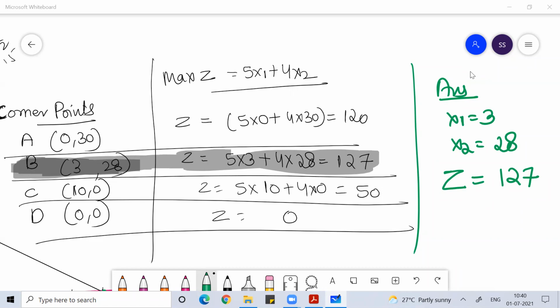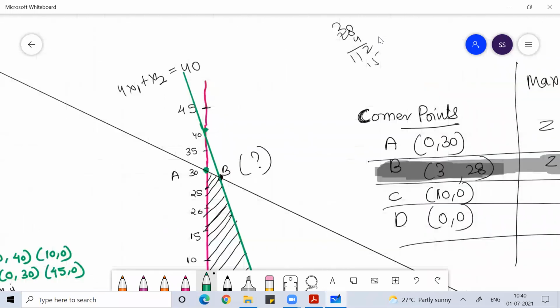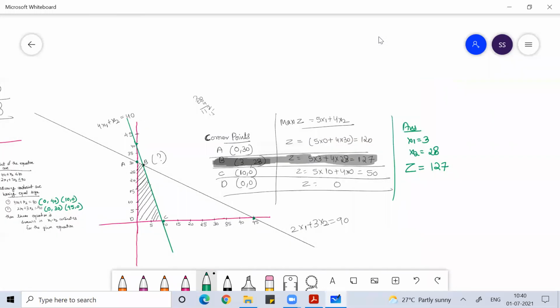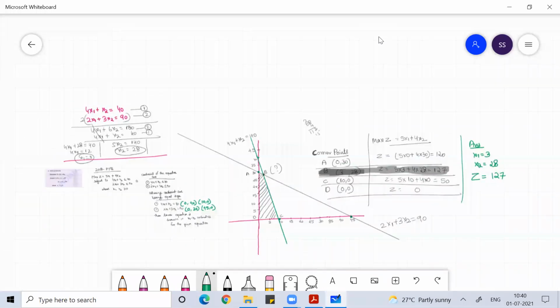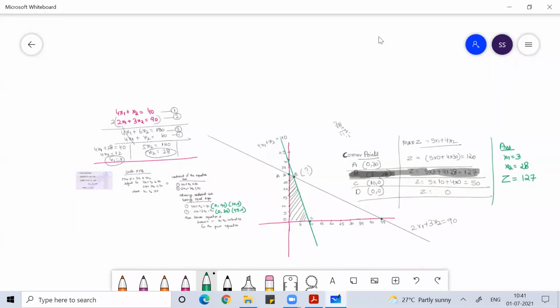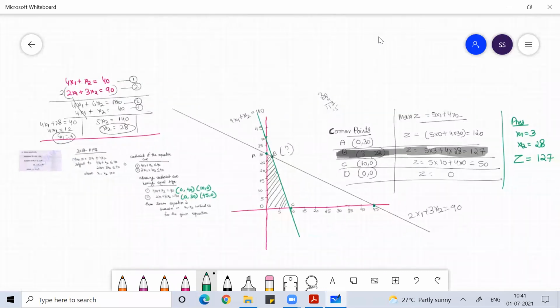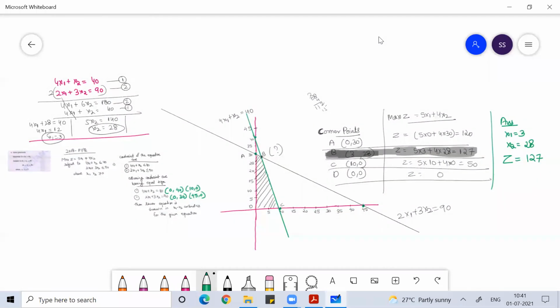Clear, everyone? Anyone, any doubt? See this, everyone. Let me know if anyone has any doubt.